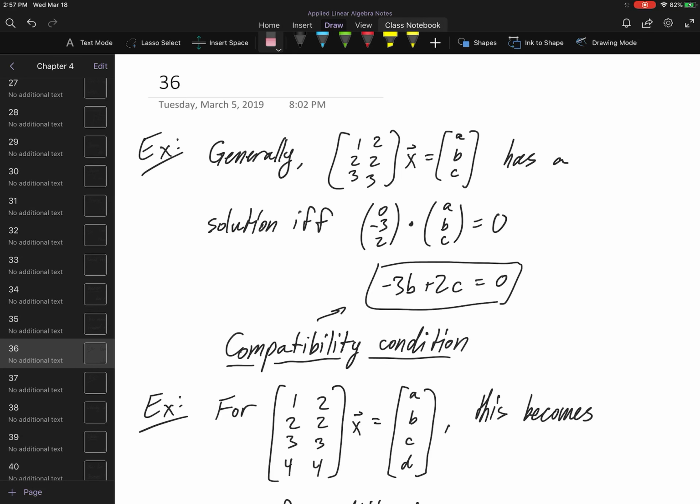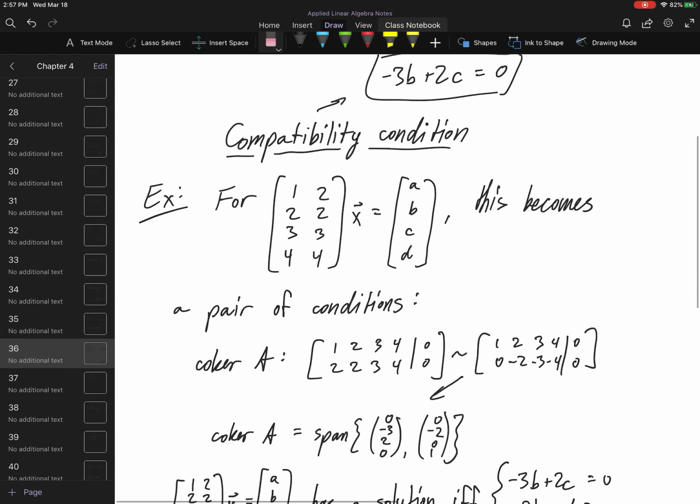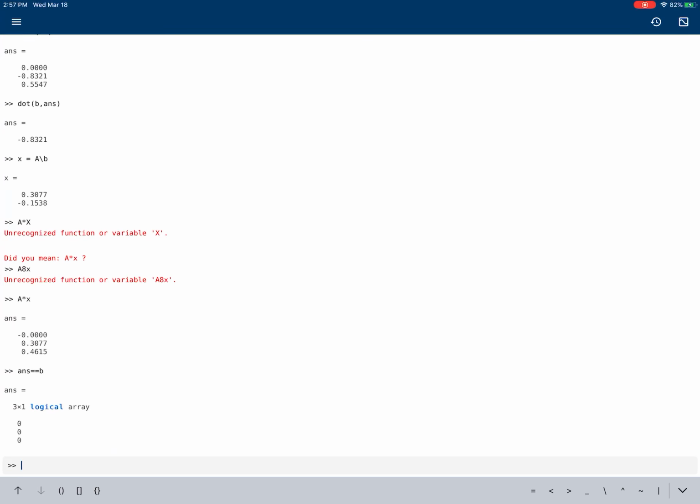All right. But anyway, the boxed equation is the takeaway here: you can compute this compatibility condition more readily than you can actually solve AX equals B with a dense matrix computation or Gaussian elimination. Now, for a bigger system, we can actually check this.